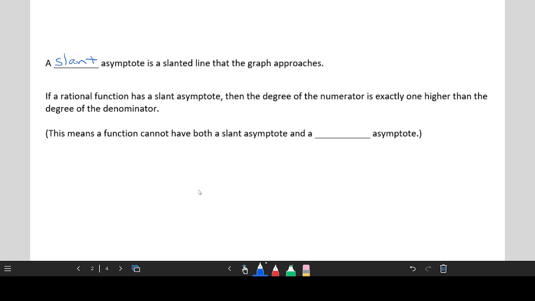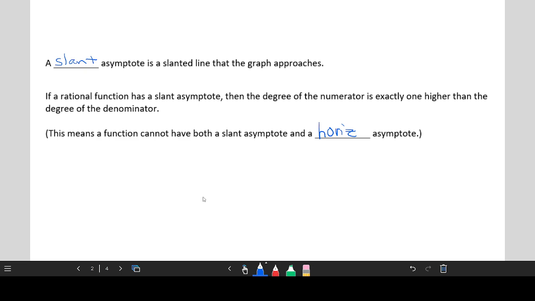One case is that the degrees are the same, one case is that the numerator has higher degree, and one case is that the denominator has higher degree. And we said that if the numerator has higher degree, there's no horizontal asymptote. So since that has to be the case for a slant asymptote, we will never have both a horizontal asymptote and a slant asymptote. It's going to be one or the other.